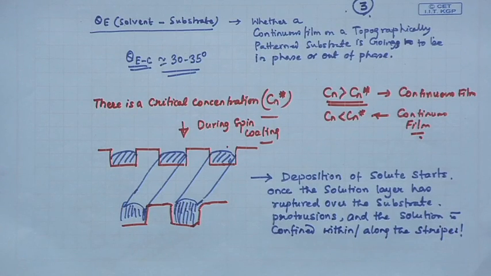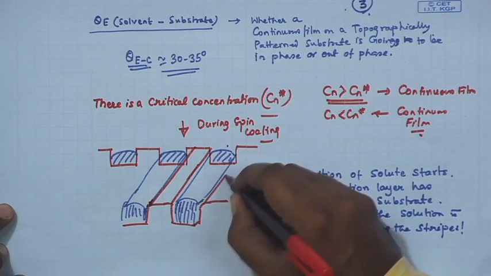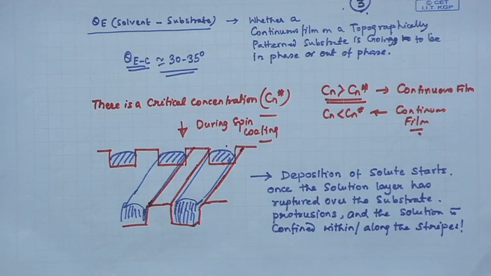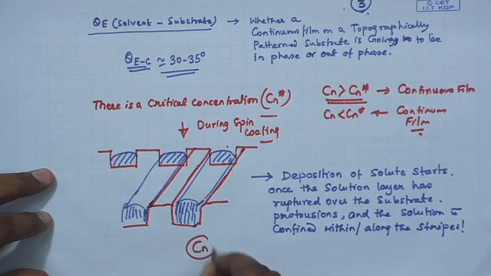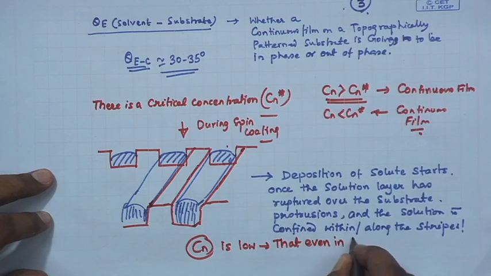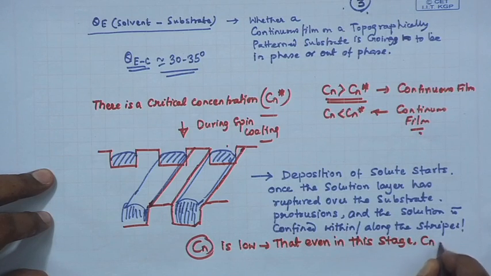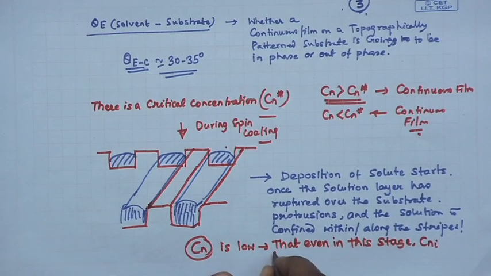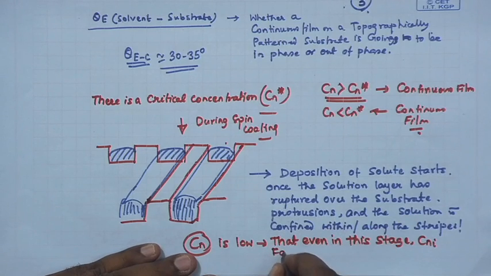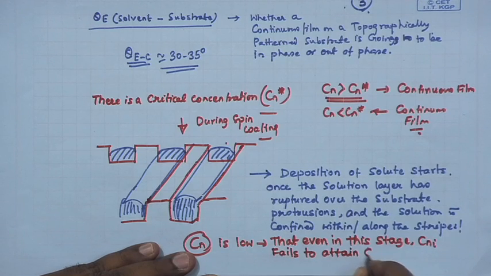Well, what happens if your concentration, so this is the substrate geometry and here are your polymer solution threads. What happens if your initial Cni is so low that even in this stage Cni fails to attain CNS.